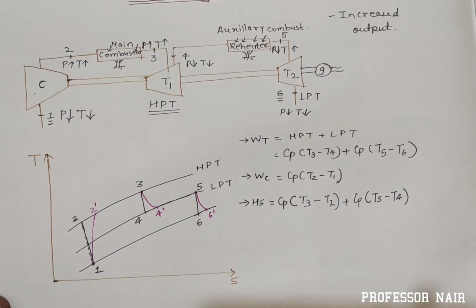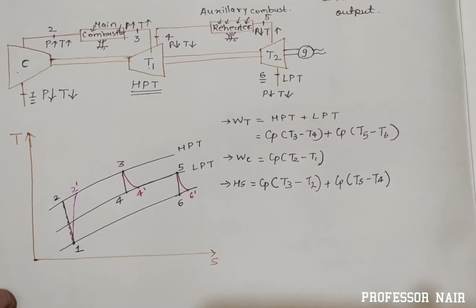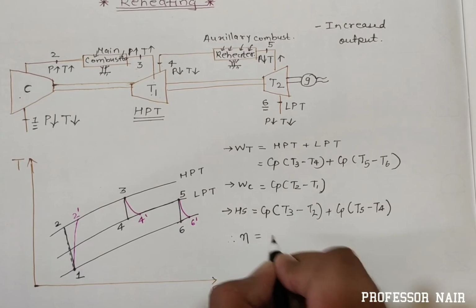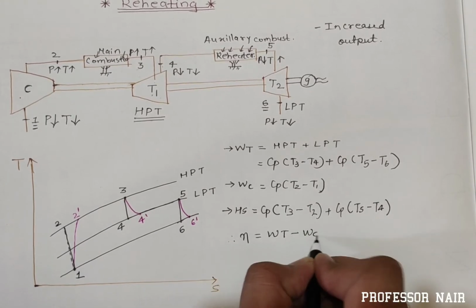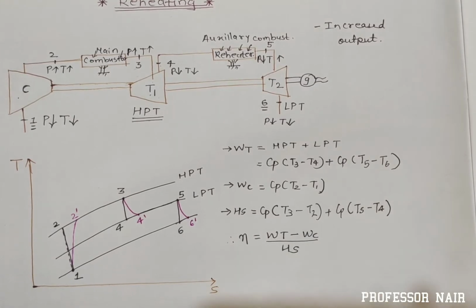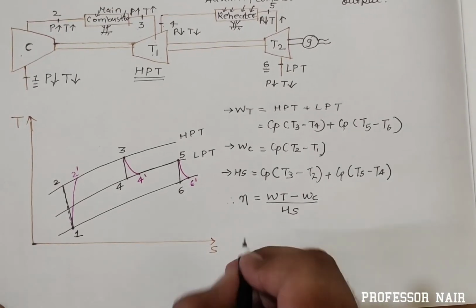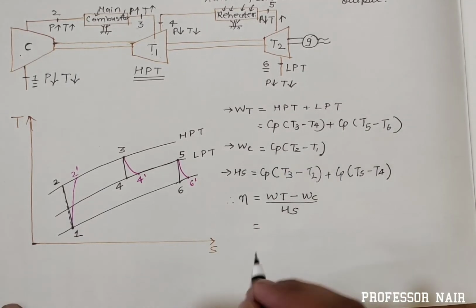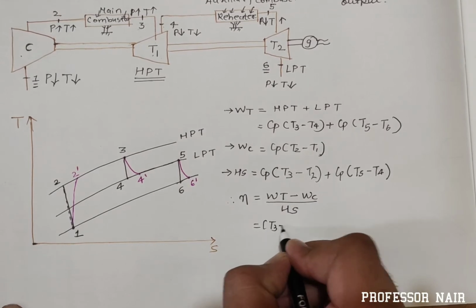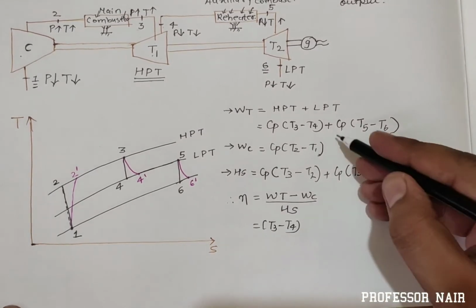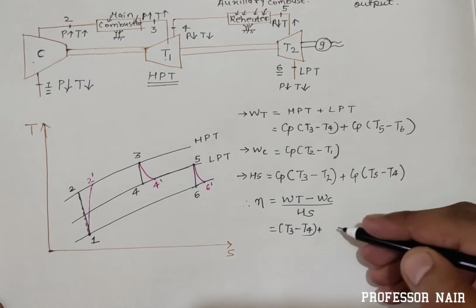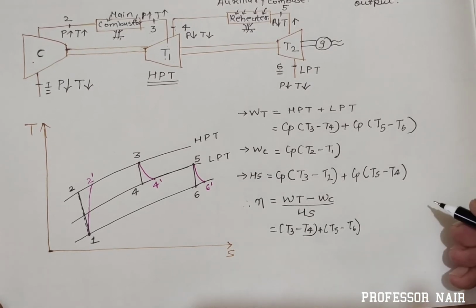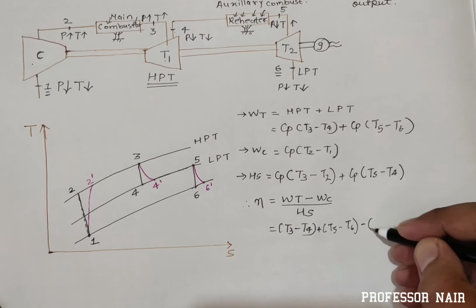Okay. So if you want to find the efficiency of a reheating process, we know the formula as (Wt minus Wc) upon heat supplied. So what you do is put these values. If I put here all Cp and take Cp as constant, Cp will cancel out. So the final formula would only become what? (T3 minus T4) plus (T5 minus T6) minus work of compressor.